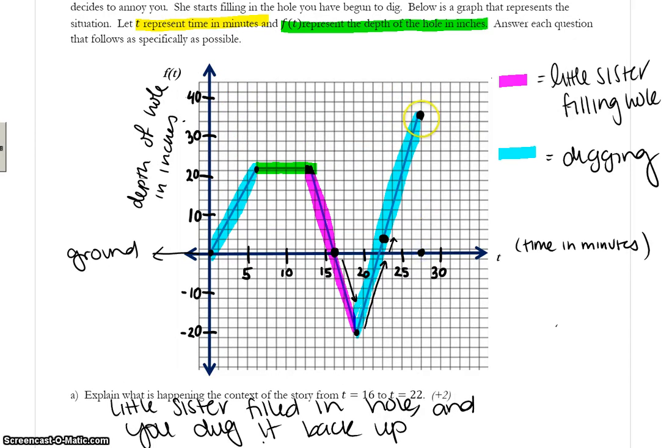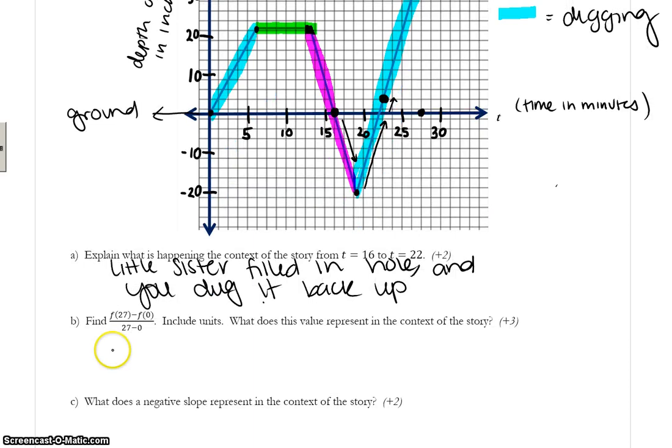So it's at about 36, right? 32, 34, 36. So it's about 36. So you have 36 minus f of 0, which is just 0, over 27 minus 0, and you get 36 over 27 inches per minute.